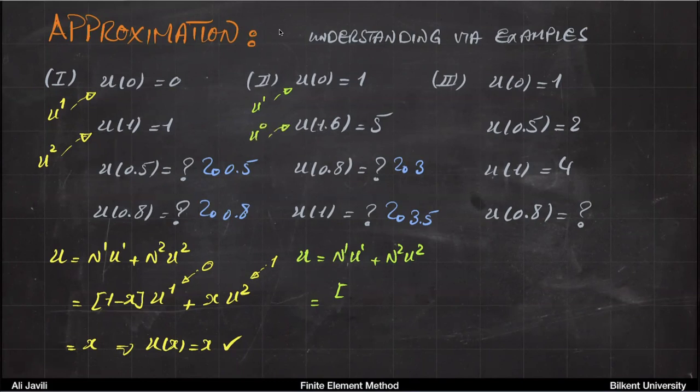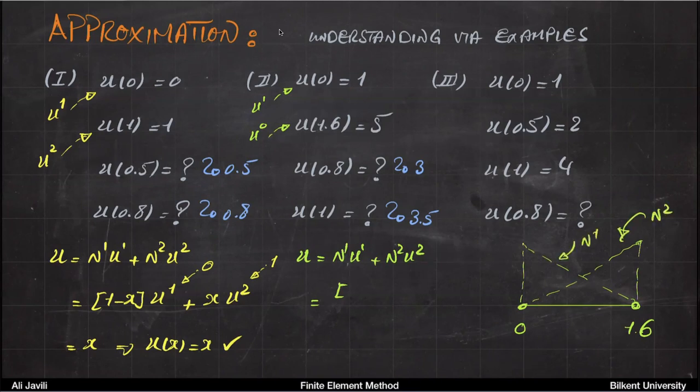So if you want to think about it, you want a function that is 1 at point 0, and you want it to be 0 at 1.6, and the other way around. So this would be your n2, and this would be your n1. I don't know, you get the idea.